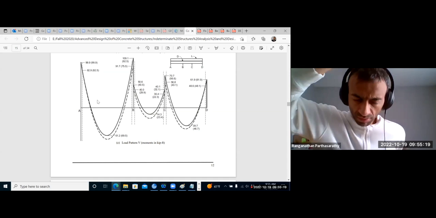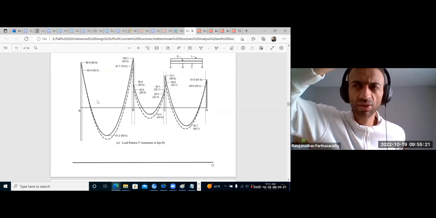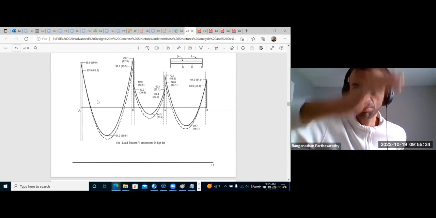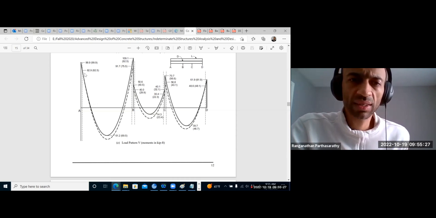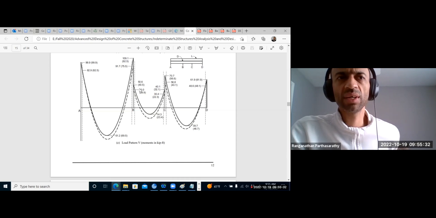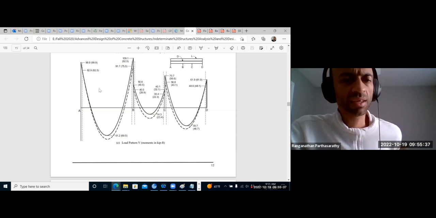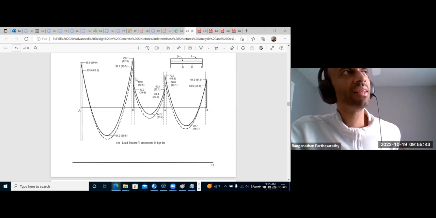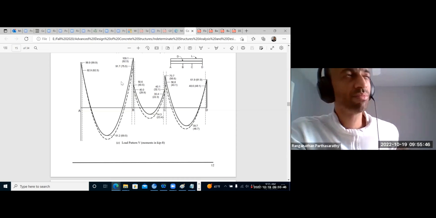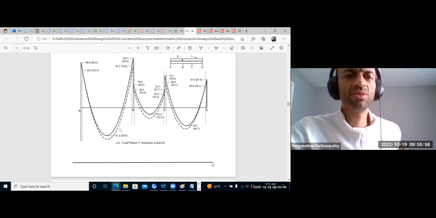Then the negative moments will slightly drop there or stay almost constant, and positive moments will go down. That drop is what the code is allowing us. So basically what it's saying is that if we provide the steel according to the solid line, then we will get some maximum load capacity. We will get the same load capacity even using the dotted line, but after the plastic hinges form.